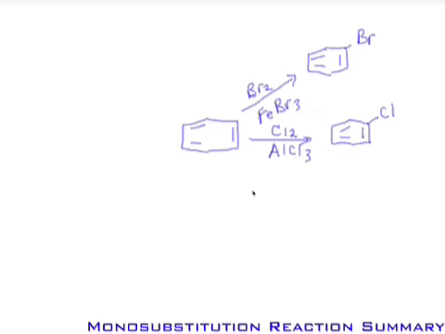We can take alkyl halides, RCl, or alcohols and acid, or alkenes with HCl, and AlCl3. And we'll put alkyl on the ring.